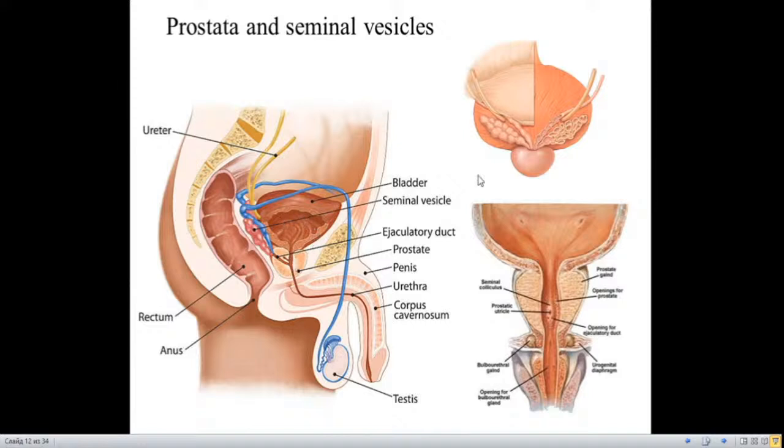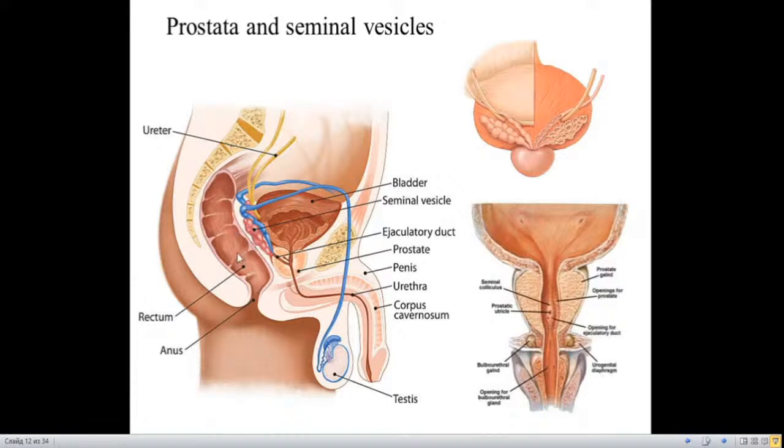And the seminal vesicles, a paired organ found on the posterior side of the urinary bladder and in front of the rectum. Let me draw your attention to this topographical relation, that the seminal vesicles and prostate gland lie in front of the rectum.